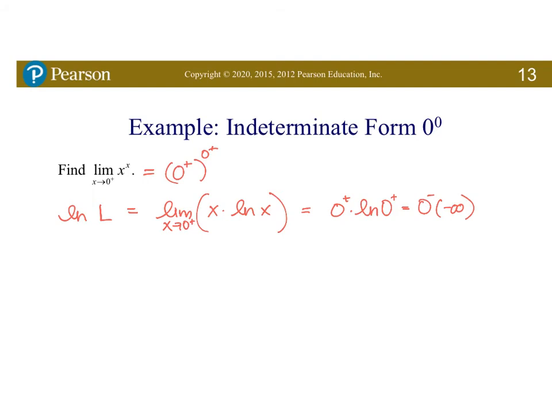So I'm going to use my substitution again, but I'm going to do it the opposite way. I am going to put a fraction in instead of taking a fraction out. So I'm going to substitute a to be 1 over x, and then x would be 1 over a.